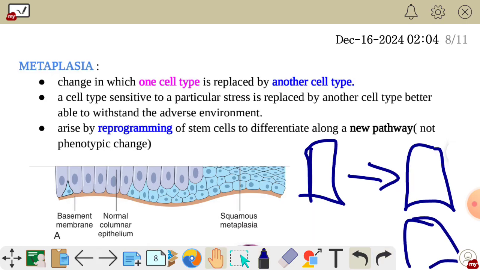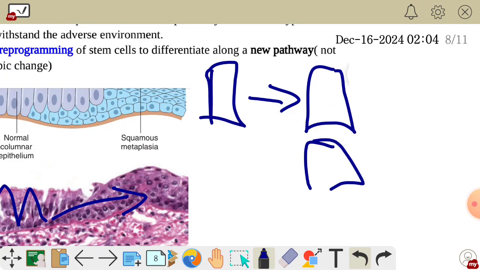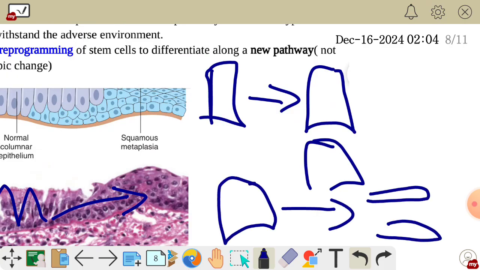But in this case, it is reprogrammed to form squamous cells. That is what is observed in metaplasia.